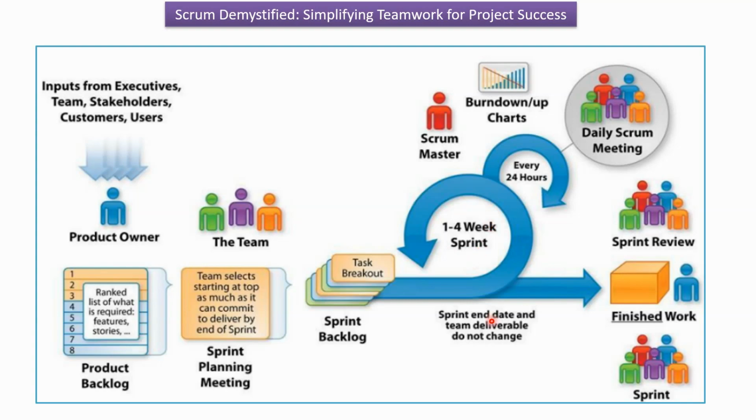The sprint end date and team deliverables do not change, and every 24 hours a Scrum meeting will be conducted by the Scrum Master. In the Scrum meeting, each team member shares what they did yesterday, what they are planning to do today, and any challenges or obstacles they are facing. At the end of the sprint, the work will be finished.